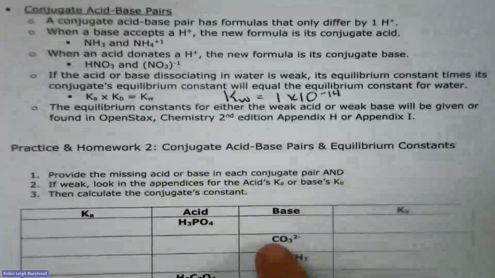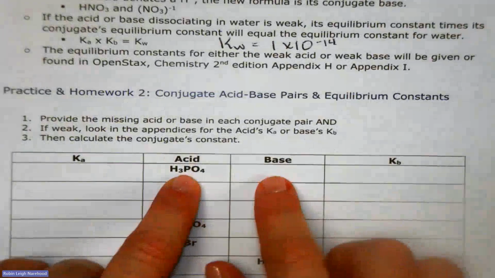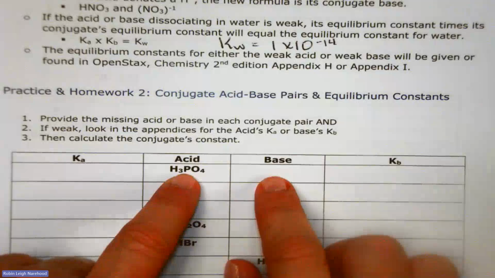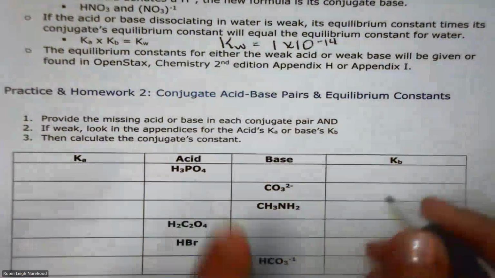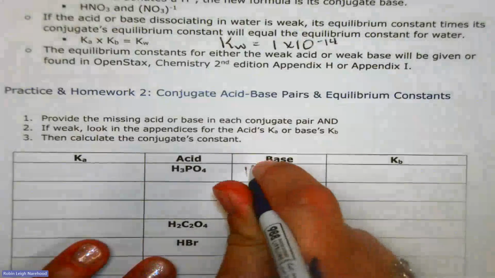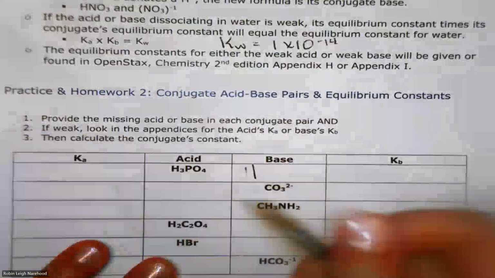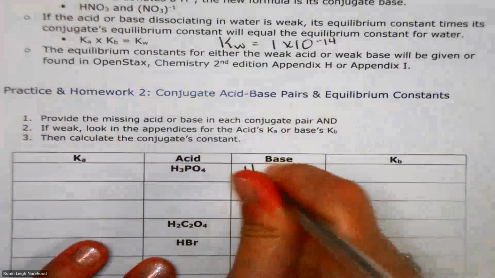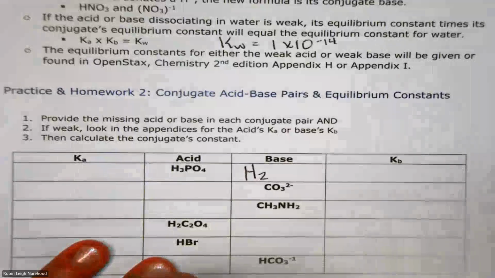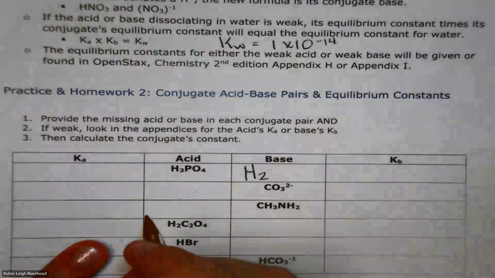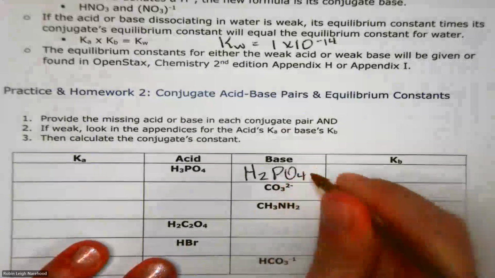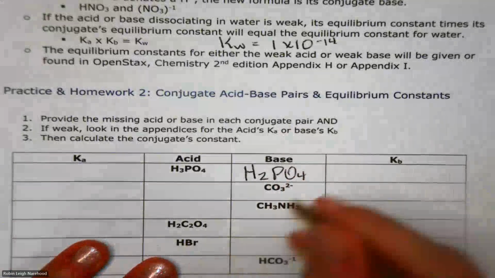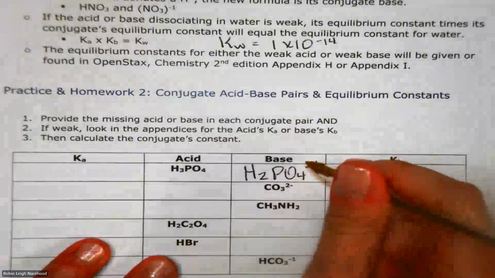Okay, so what would be the conjugate base of H3PO4? H2PO4 -1.